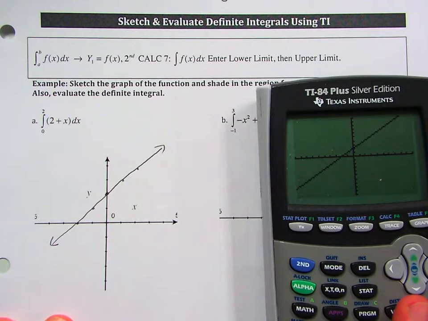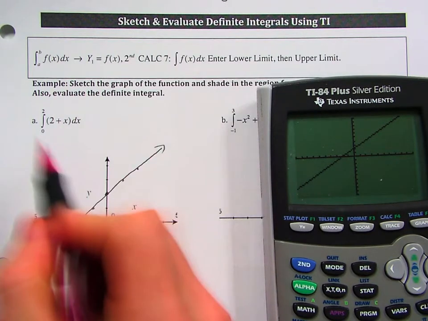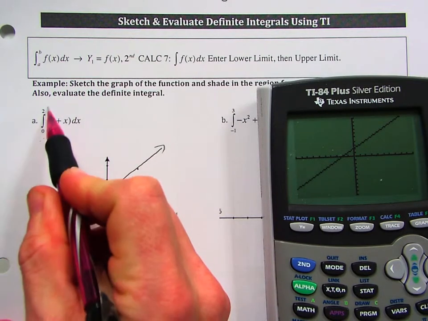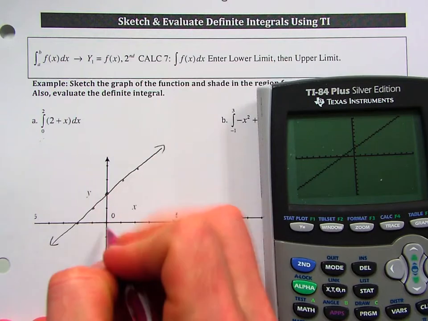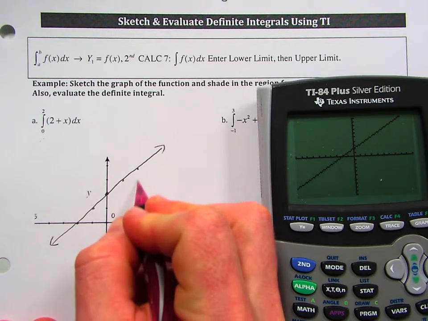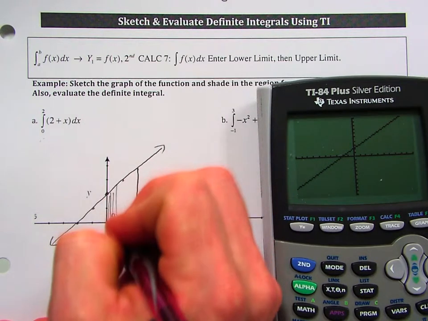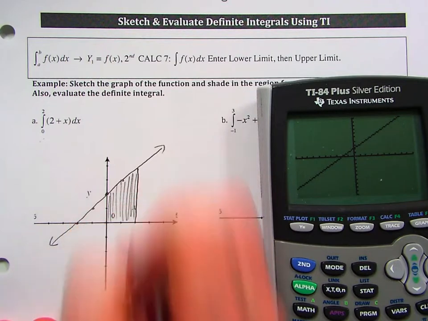Our calculator sketch looks pretty good there. You can see that this integral is going to go from 0 to 2, so we have x equals 0 here and x equals 2 here. We want to shade the area that is our definite integral.